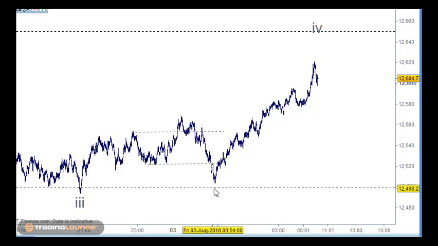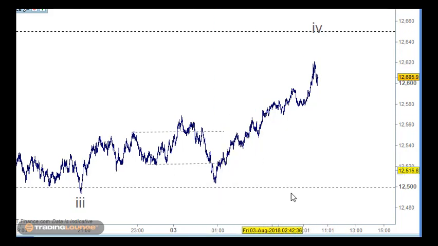They're in B waves or wave 4s, and in this case we've got this down through here, this up here, and down through here, taking out these lows. So it's likely to be an A wave to here, a B wave to here, as an A and a B and a C wave to here, so a B wave here, and then we're looking for 5 waves up here. So in this case we're looking for wave 4 to the upside.